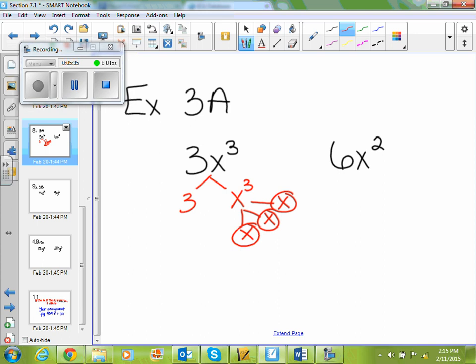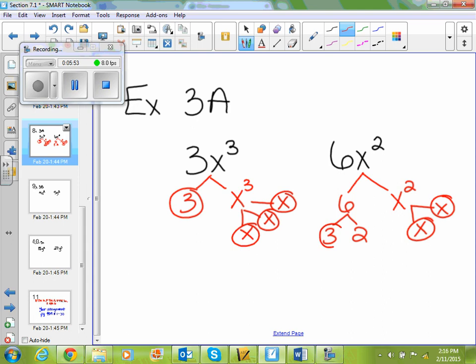Can I break down 3 any further? No. Okay, so I'm going to do the same thing over here then, and break down a 6 and x squared. How many x's do I have? 2. Can I break down 6? 3 and 2. Okay. So what numbers do they have in common? 3.